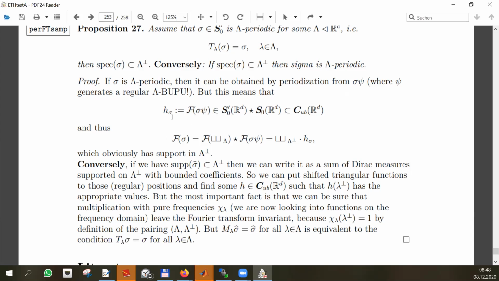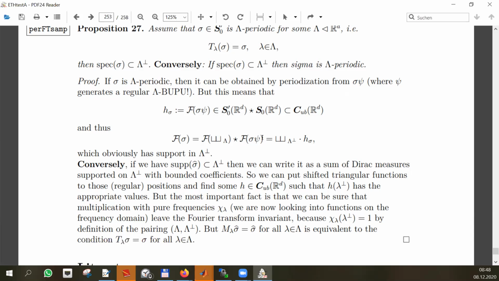Well, if you have the statement that sigma is obtained by periodizing this localized version of sigma, then it means that sigma is SHA lambda, the sum of Diracs, convolved with sigma psi. But the Fourier transform is the Fourier transform of a convolution product. Now, this is a typo, of course.